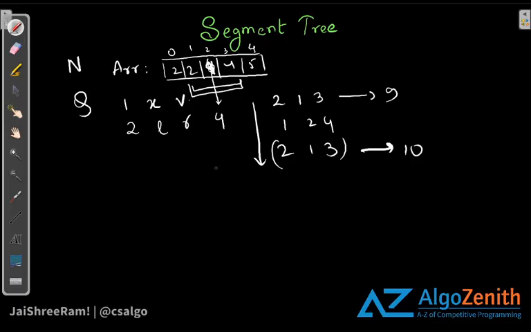So the idea is we try to create a tree over an array such that each node is responsible for some aggregate, like sum or some kind of functions of the values which it is responsible for. So let's look into what we are actually trying to do.